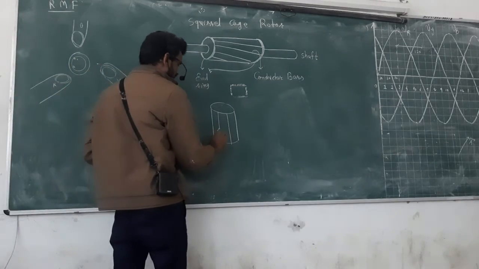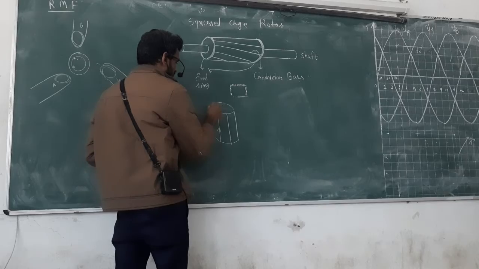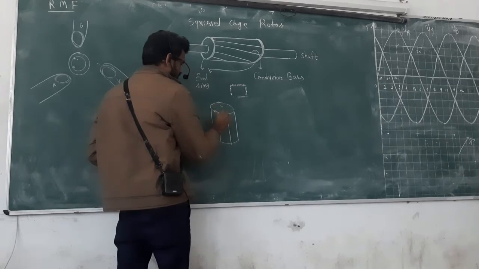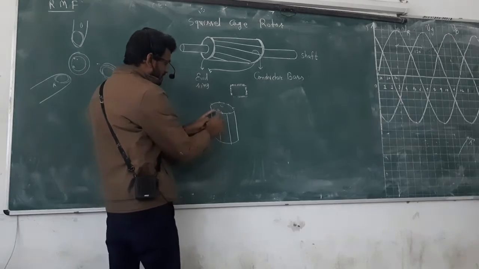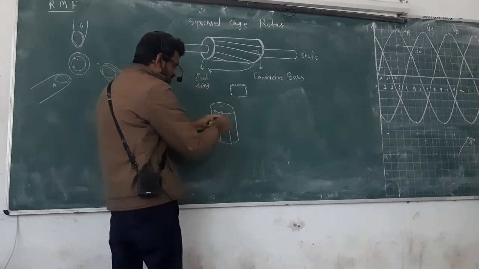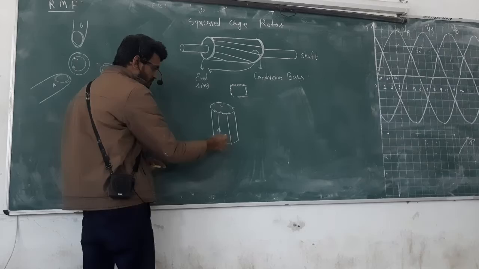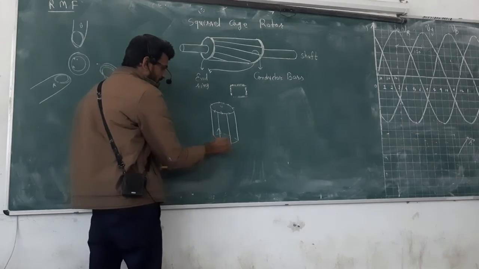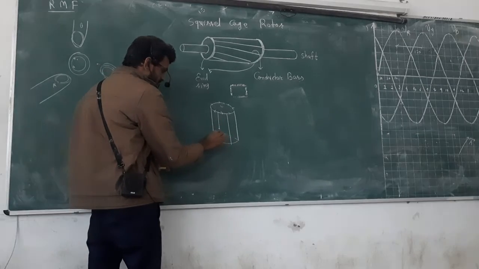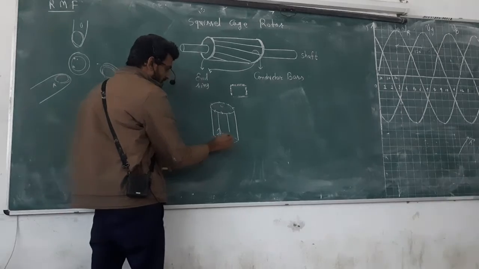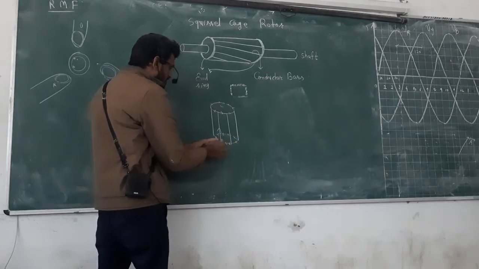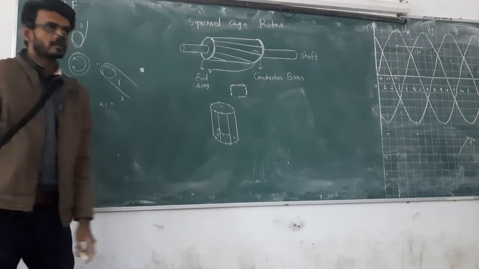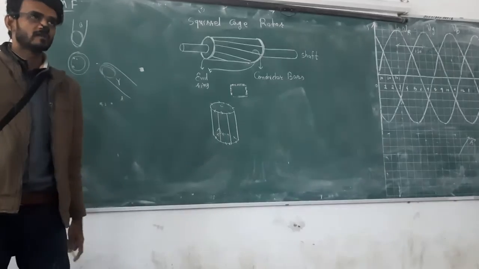Here the current is maximum going that way, collected here, going that way, collected here. It will circulate, divide, and come back on the ring, go this way. So this is the idea. Any question?